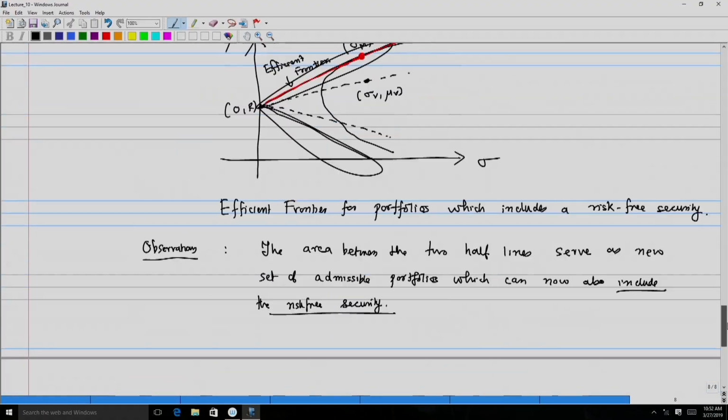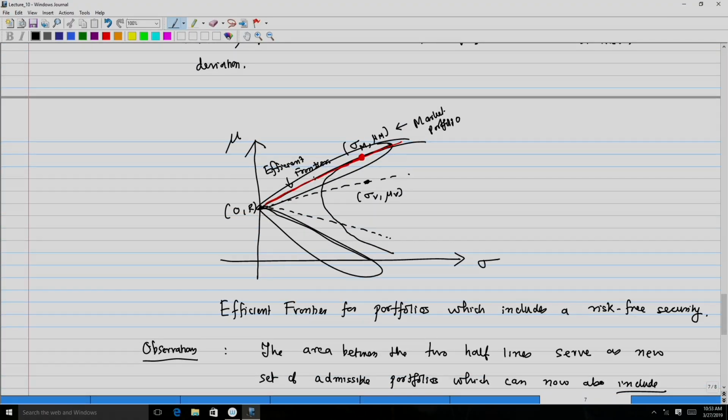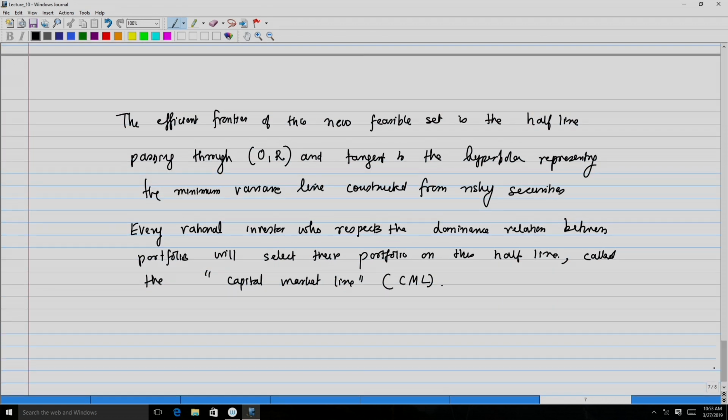So, this means that any rational investor who believes in the dominance theory and decides that they want to invest in a portfolio comprising of risky and the risk free asset will then decide to purchase a portfolio from the top half of the line. That means, will decide to purchase a portfolio from here, and this particular half line is what is known as the capital market line, and we will derive the equation of this at a later stage.